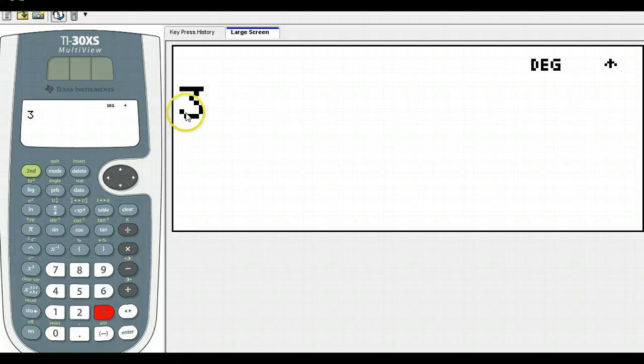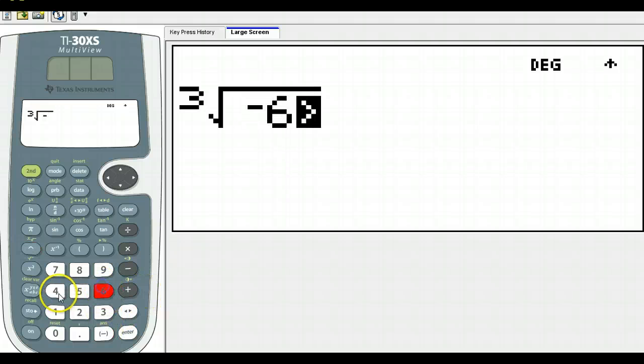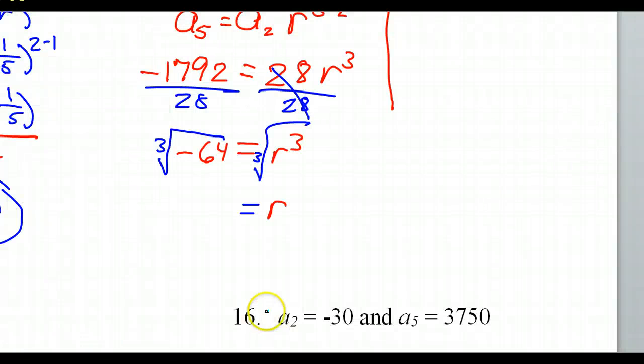So whatever number you put here, if I get at this x root by hitting second caret, then that number becomes the root. And I needed to do the cube root of negative 64, so I can just put that in. And that's going to give me negative 4. So the cube root of negative 64 is negative 4.